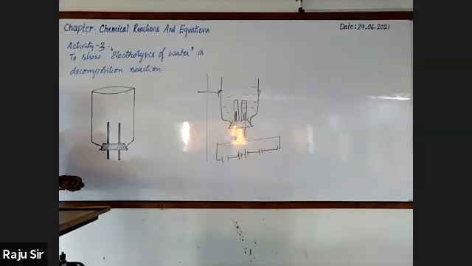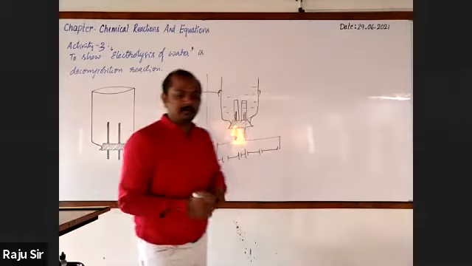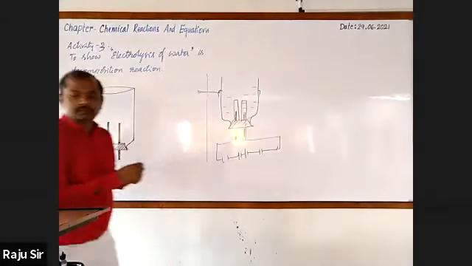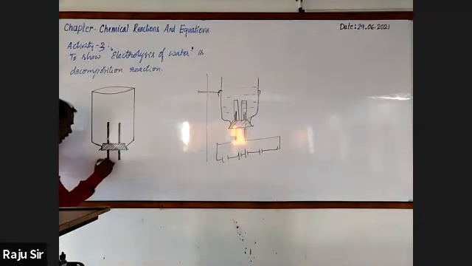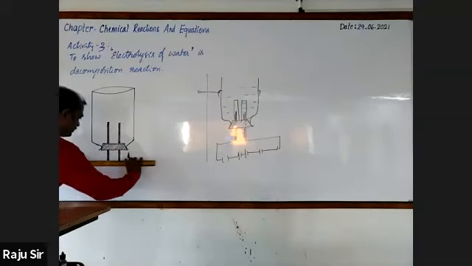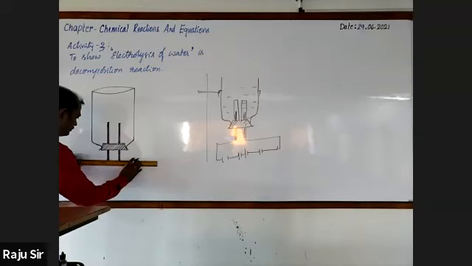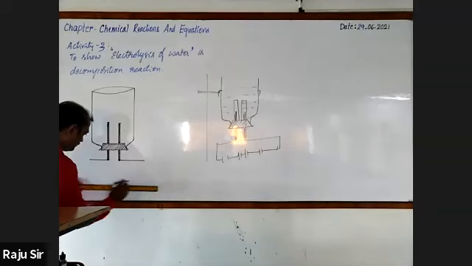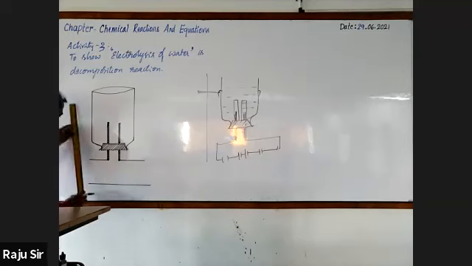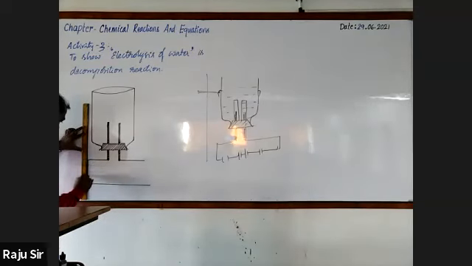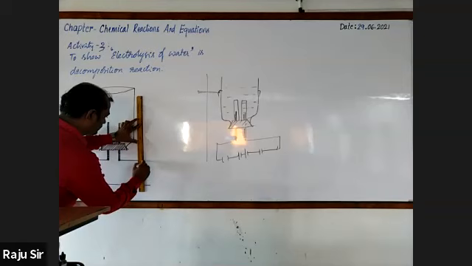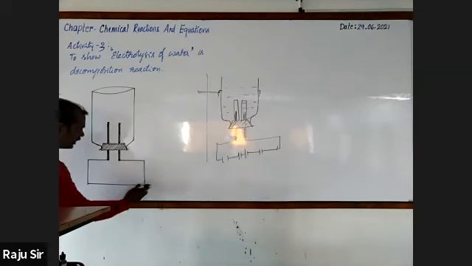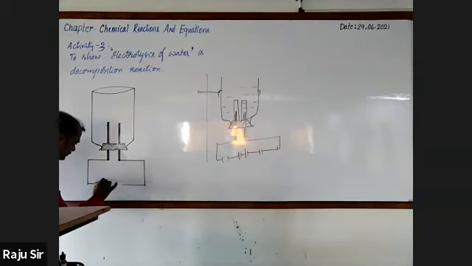Next, connect the free ends to the terminals of a battery along with the switch. These are the two graphite rods. We are going to connect them to the terminals of a battery. I'm going to show the battery like this.